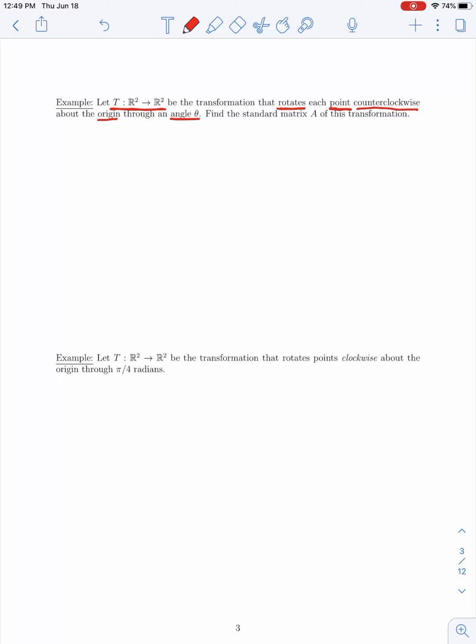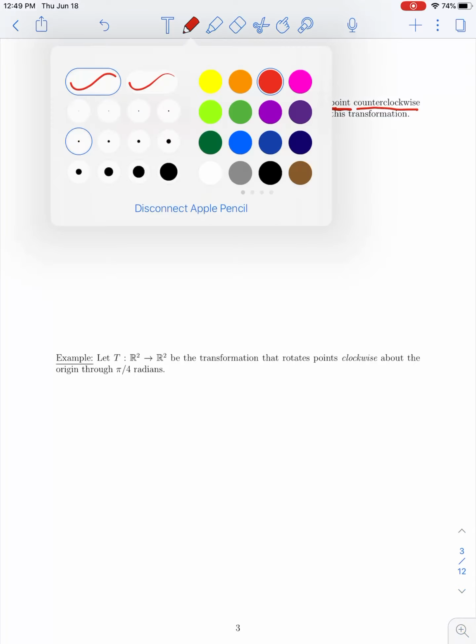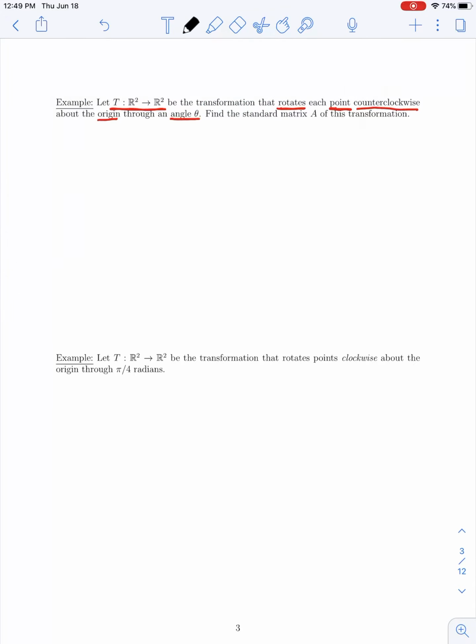Okay. So based off our previous examples, well, we're mapping from the plane. So since the domain of our transformation is R2, we're going to look at the standard basis vectors E1, which is 1, 0, and E2, which is 0, 1.